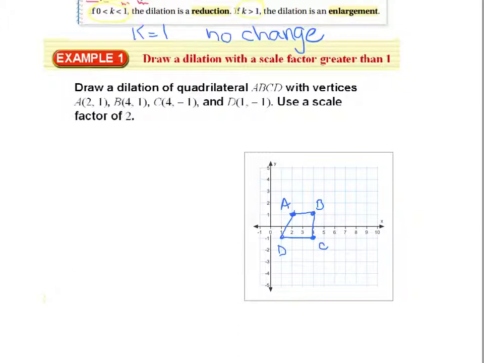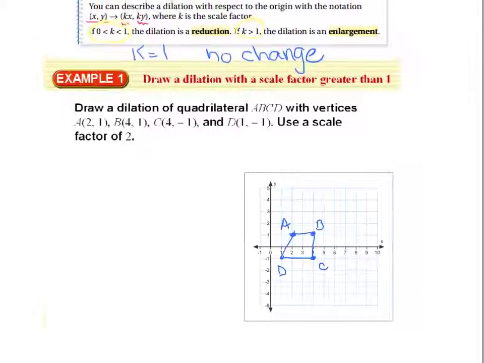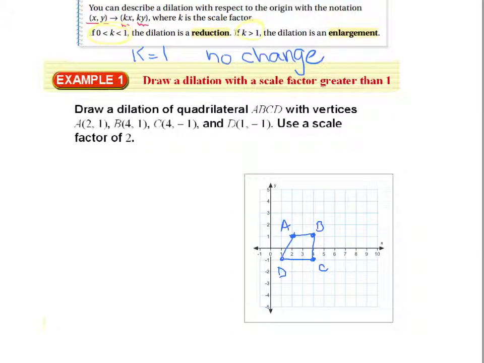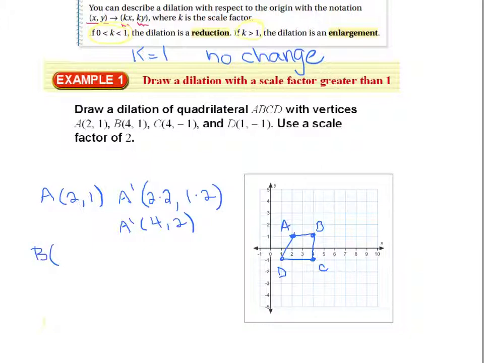So now if I have a scale factor of 2, if you notice the notation up here, what I'm asked to do is multiply both the x and the y by the scale factor. So if A is (2, 1), A prime is going to be 2 times 2 and 1 times 2, or (4, 2). B is (4, 1). So the coordinate for the new image is going to be 4 times 2, or 8, and 1 times 2 is 2.